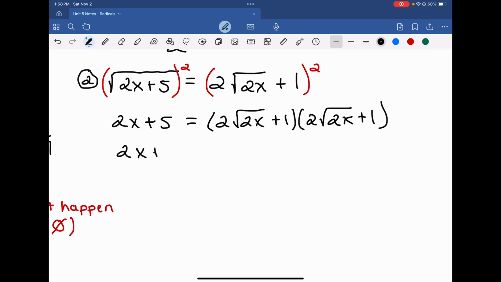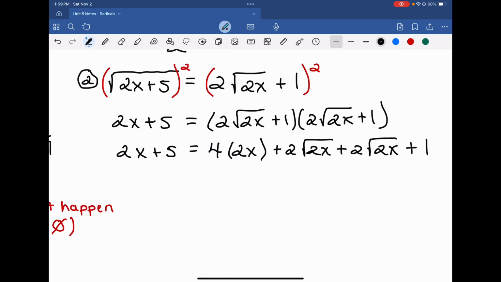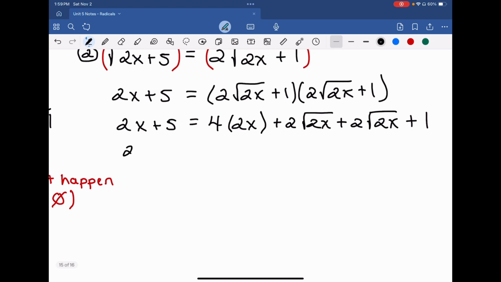So now we're going to take 2x plus 5, and I'm going to write out what these become. 2 times 2 is 4. Root 2x times root 2x is times 2x because we get rid of the radical. 2 times 1 is plus 2 square root of 2x. 1 times 2 is plus 2 square root of 2x. And then lastly, 1 times 1 is just 1. Now let's collect some like terms here.